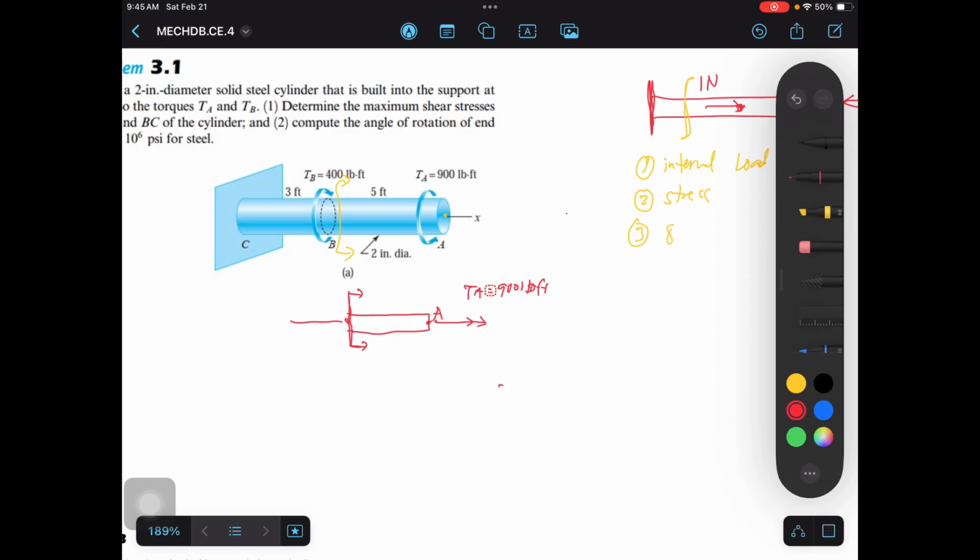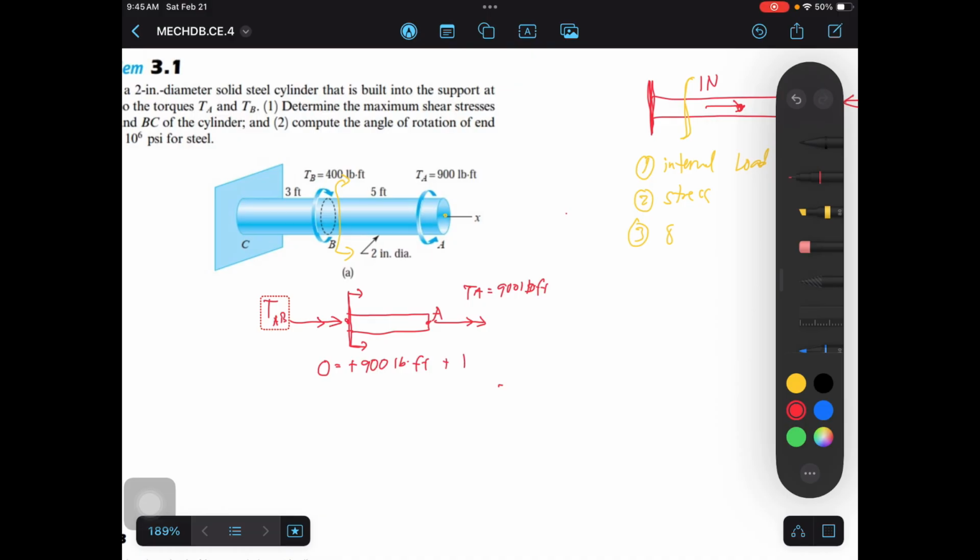By equilibrium equation, equal to 0 ang mga torque. So, applied load is TA going to the right, so that is positive 900 pounds-feet. And then, ano ang magiging direction nito? Say, kunwari, ginawa natin going to the right si TAB. So, this is the internal load ni segment AB.